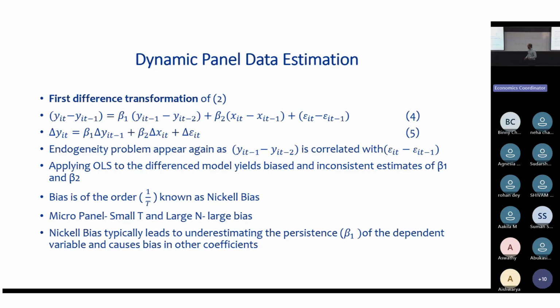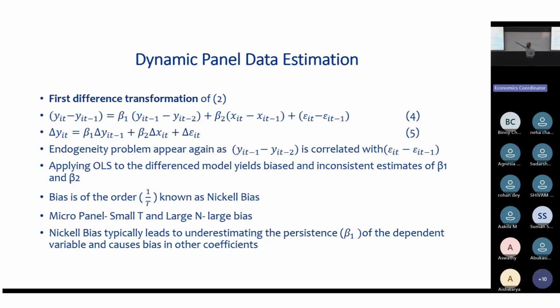Nickell bias typically leads to underestimating the persistence of beta 1. Why? What OLS does is it overestimates it. OLS overestimates it. The fixed effect transformation as well as the first difference transformation is going to underestimate it. So where will the true value of beta be?